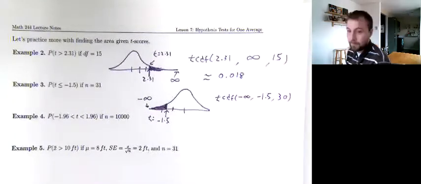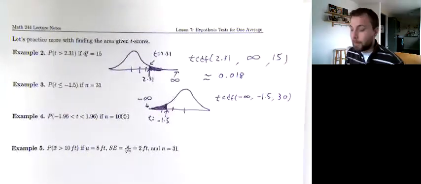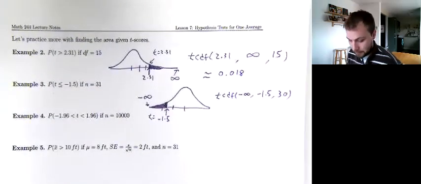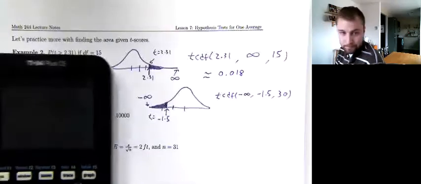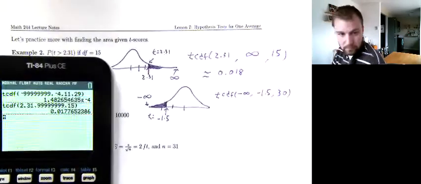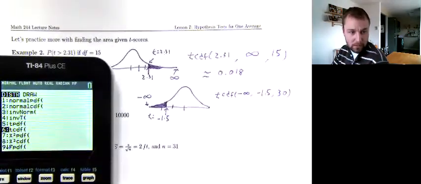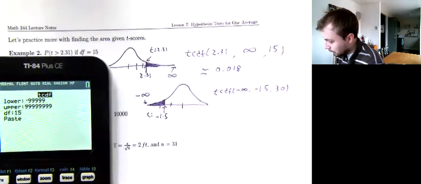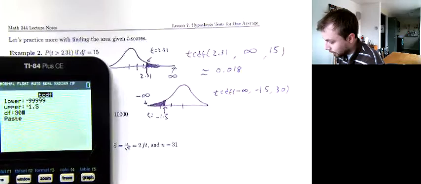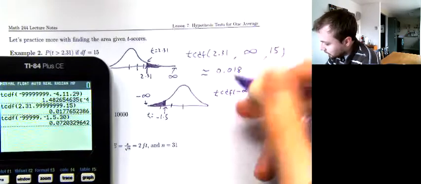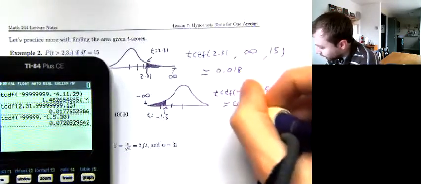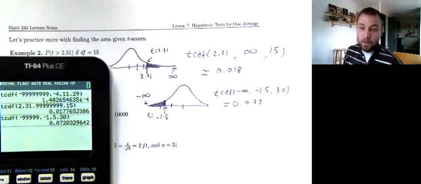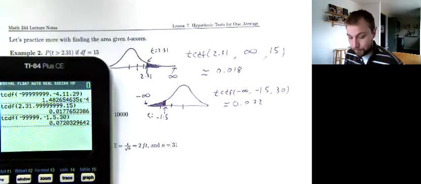I'll have a DF here of 30. So I got to be careful. Sometimes I'll have the DF, sometimes I'll have the N. I'm going to type this into a calculator. Second vars, TCDF, negative infinity, negative 1.5, and 30. This gives me essentially a p-value like thing, or at least an area of 0.072.